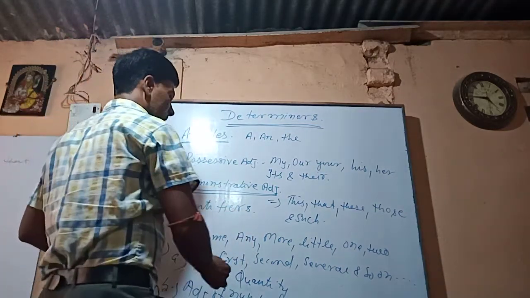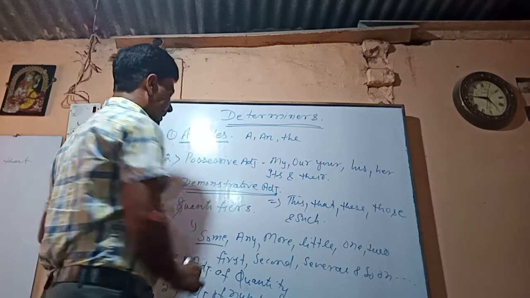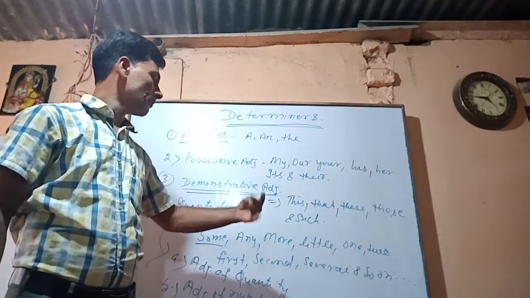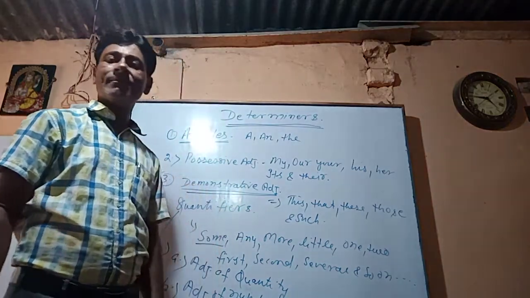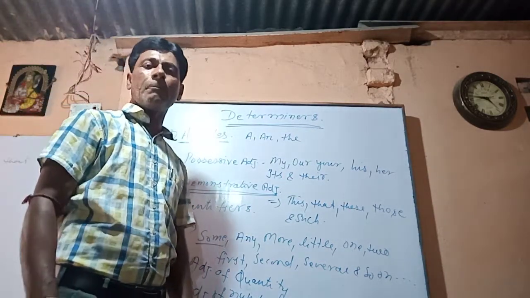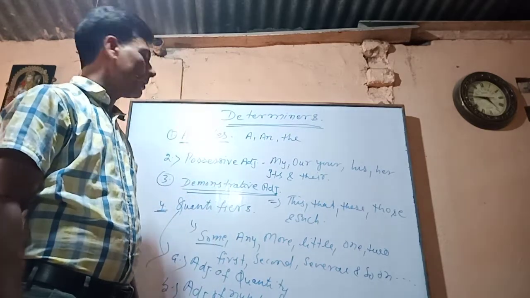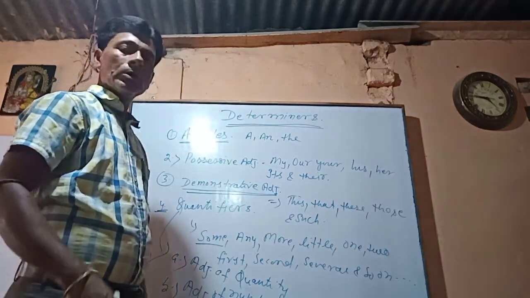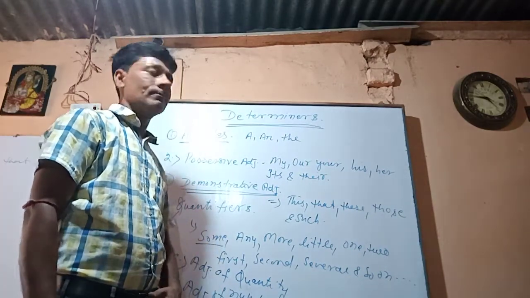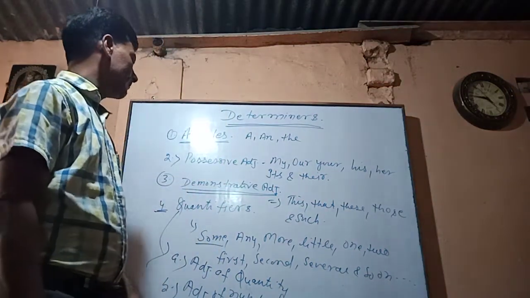The examples of quantifiers you can see here: some, any, more, little, much, few, several, a lot of, a plenty of, 1, 2, 3, 4, first, second, third. These are the quantifiers.